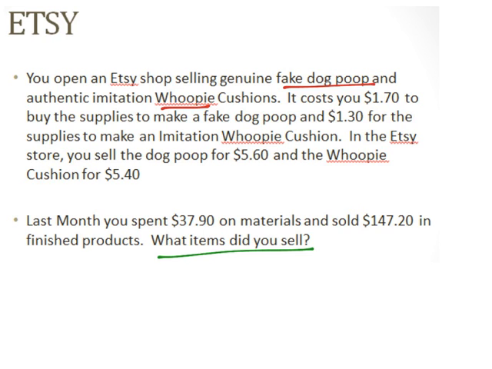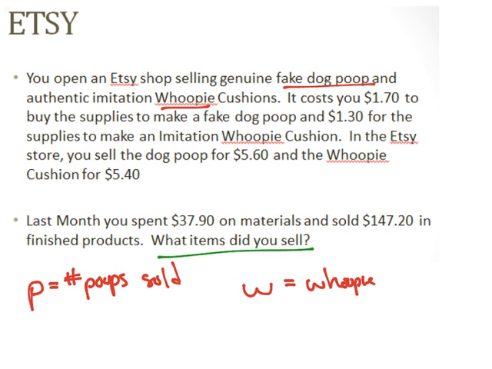So I'm going to use the variables P and W. When we choose how we're defining it, since we're looking for how many of each we sold, we'll define P as the number of fake dog poops sold, and W as the number of whoopee cushions sold.